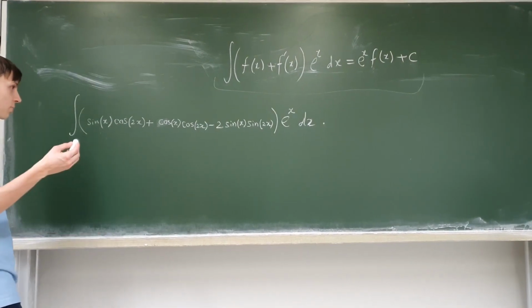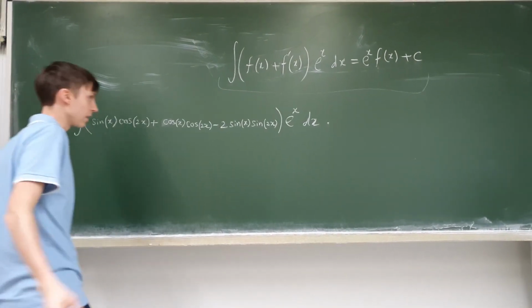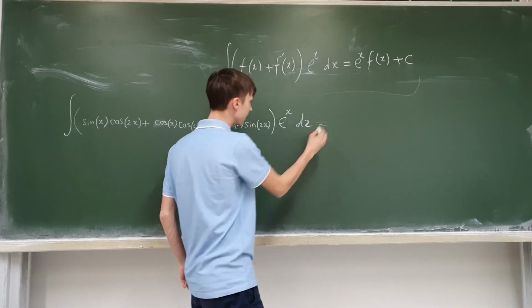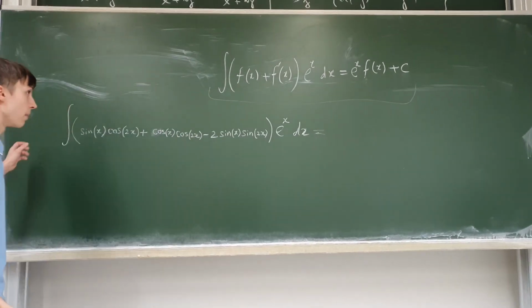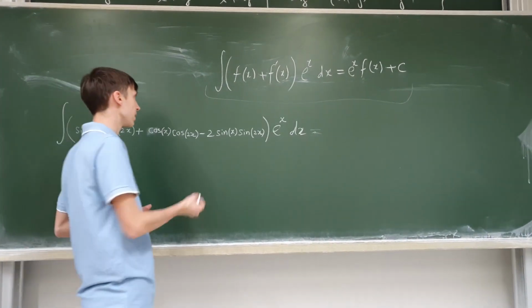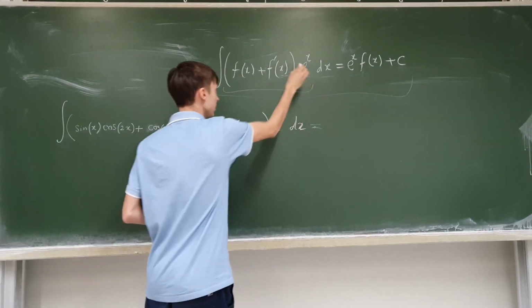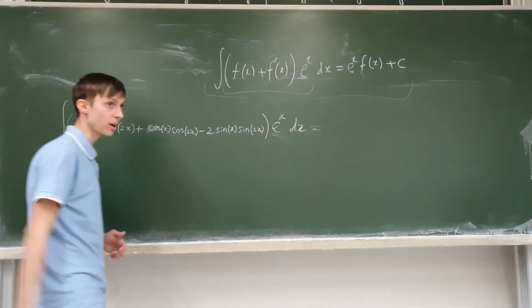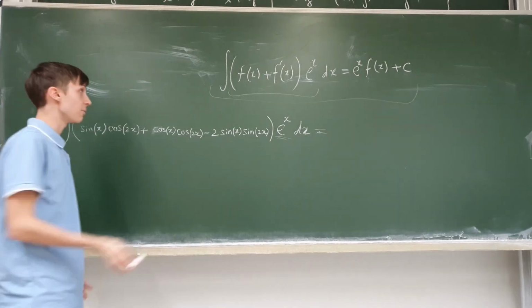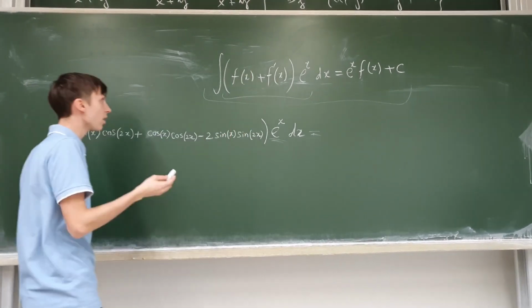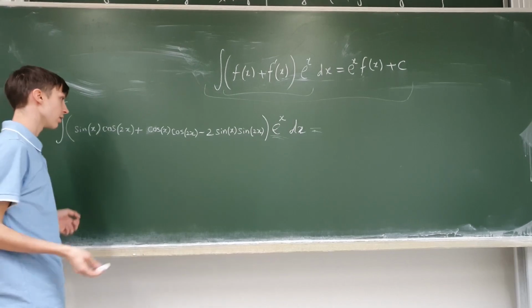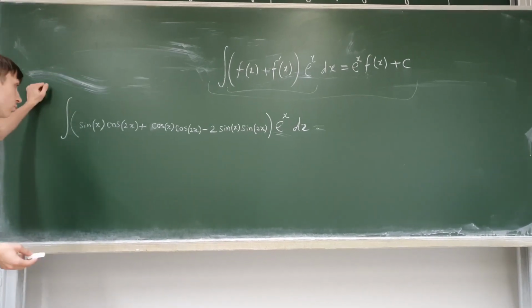So what we'll do, just to show and practice this technique, is I'll find the pattern. So we're suspecting that this integral will be of this form. There's e to the x, which is fulfilled, so this is right. And the rest, what I want to find is f of x plus f prime of x. Well, what I have to find is a function plus its derivative. And what could that be?